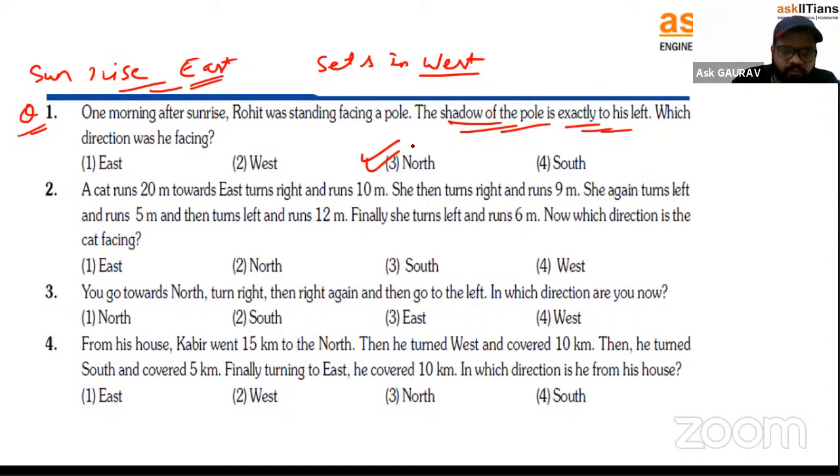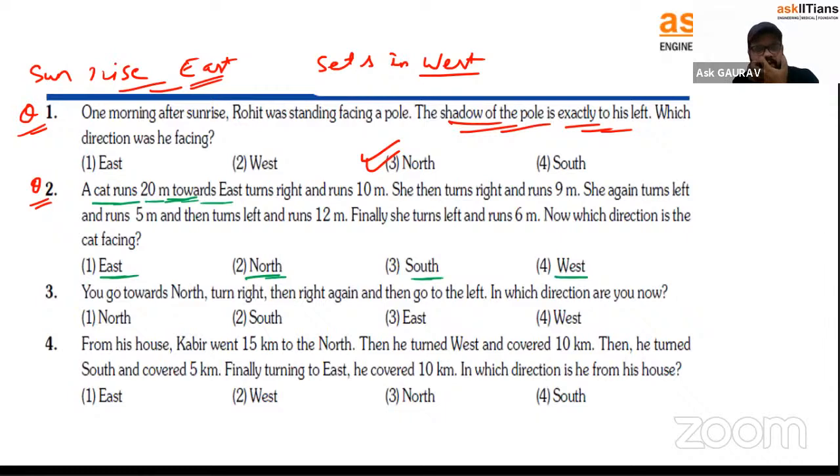Yes, guys? Okay, do question number 2. Very easy question. Do this question fast. A cat runs 20 meters towards east. Let me just make a rough diagram here. As in this question, no need for the distance, right?